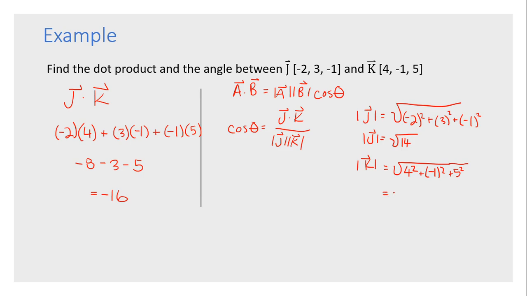Not quite as nice, root 42, and leaving it just like this for now. So we basically have cos of theta equals the dot product, which we found already to be negative 16, divided by root 14 times root 42.